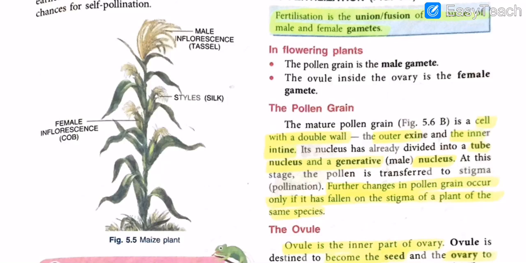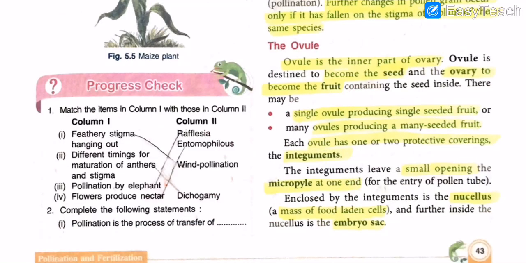Okay, let's just do a progress check really quickly. I won't show you the answers because the answers are written in this one, but let me try to rub it off. If not, I'll give it to you as homework, okay? So what I figured is the match the following is already done, but complete the following statements is not.